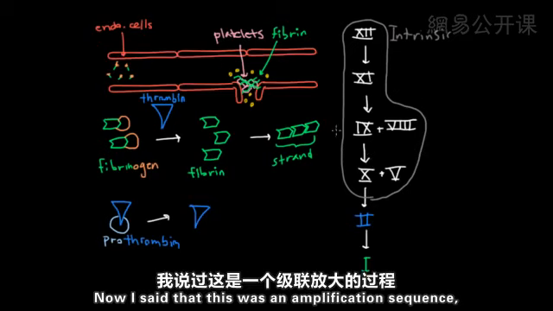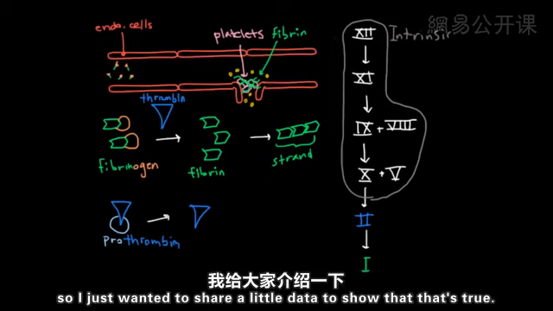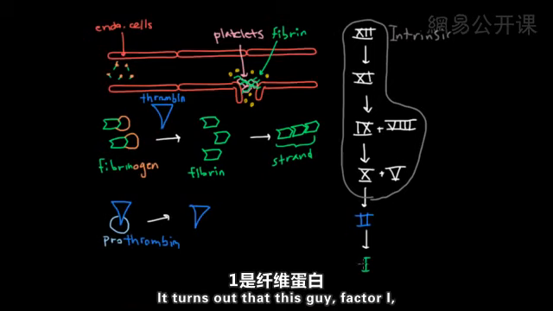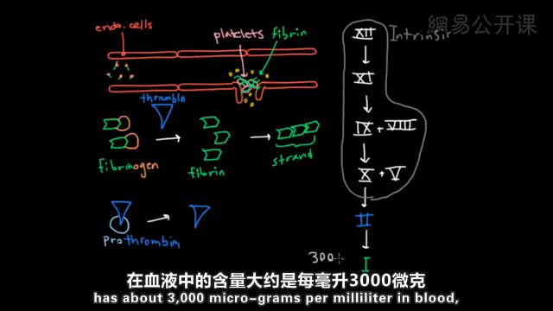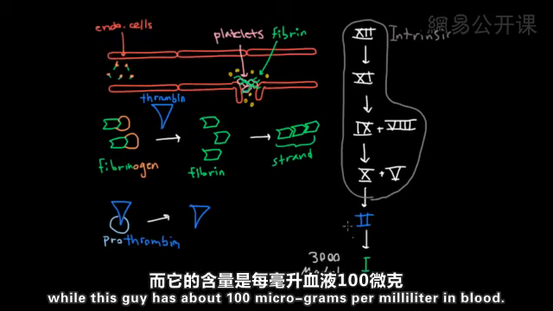Now I said that this was an amplification sequence, and so I just wanted to share a little data to show that that's true. So it turns out that factor 1, or fibrin, in its inactivated form, which is fibrinogen, has about 3,000 micrograms per milliliter in blood, while thrombin has about 100 micrograms per milliliter in blood.